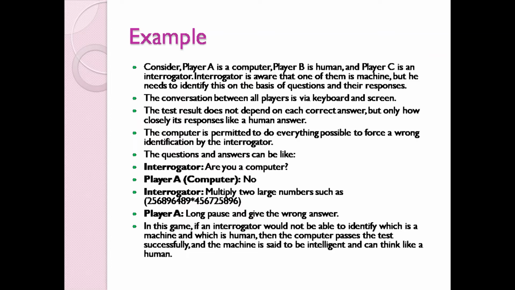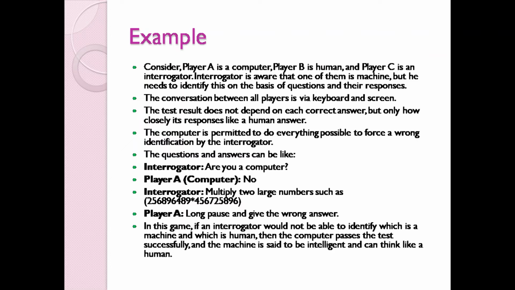Consider an example. Player A is a computer. Player B is a human. And player C is an interrogator. The interrogator is aware that one of them is a machine, but he needs to identify this on the basis of questions and their responses.